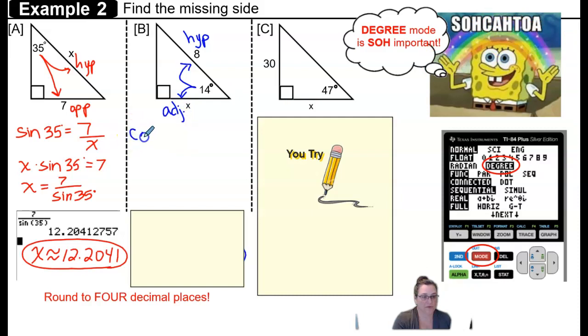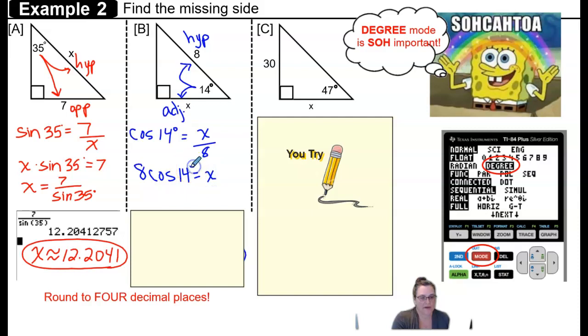So we'll write out our equation. Cosine of 14 degrees is equal to the ratio of x, that's the adjacent side, divided by the hypotenuse, which is 8. Then when we cross multiply, 8 times the cosine of 14 degrees is equal to x.